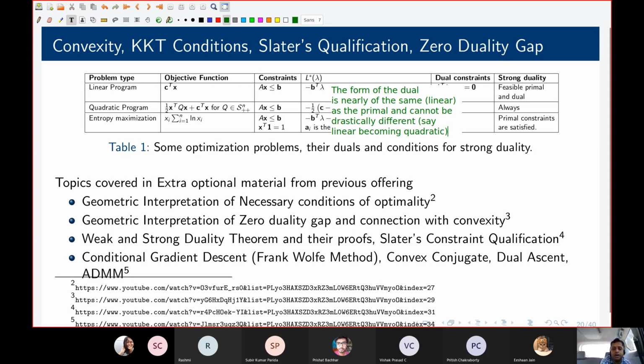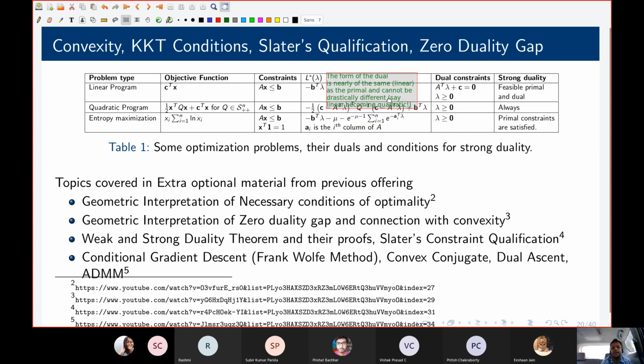So you can't have linear becoming quadratic. Otherwise, solving the dual problem would just yield you unnecessary mileage.